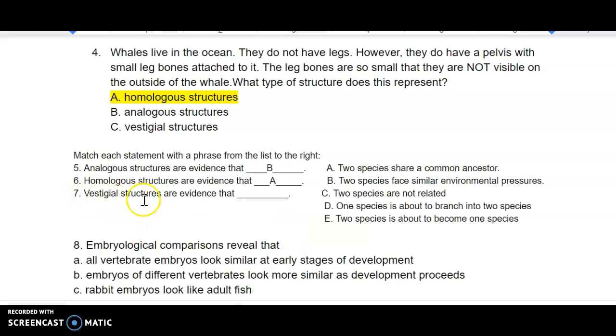Number 7, vestigial structures are evidence that this may be evidence that one species is about to branch into two different species. They no longer need that structure, so they're fixing to change into a species that no longer has that structure. That's one line of thinking there.